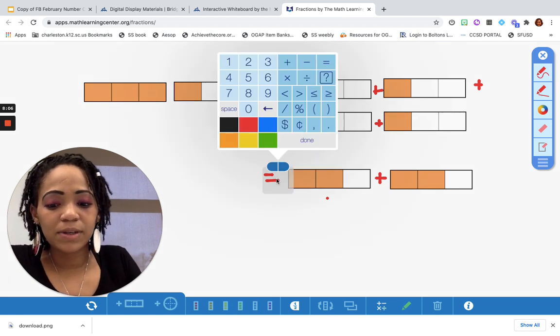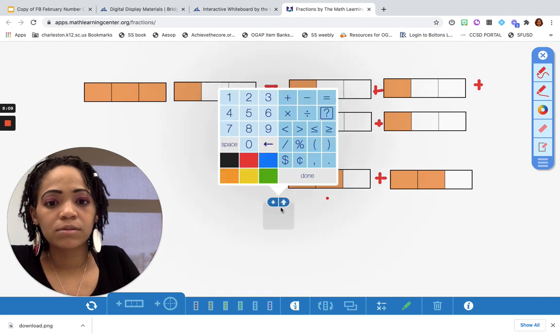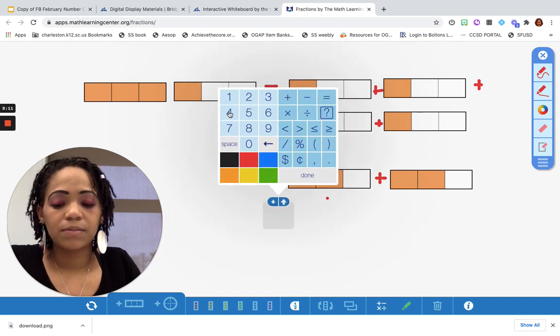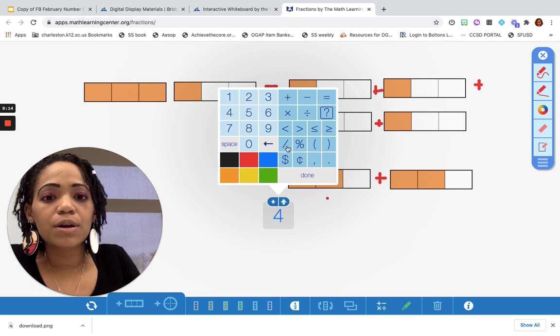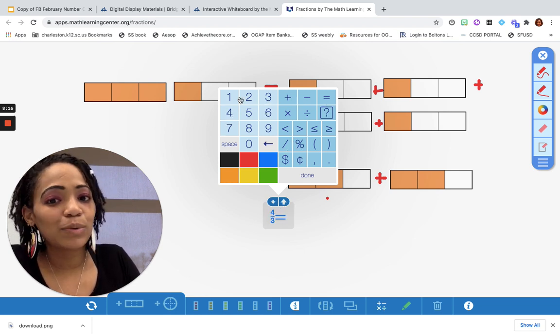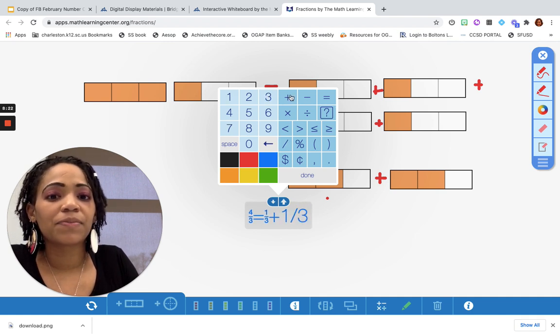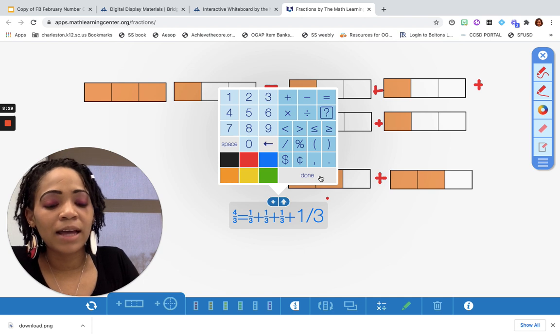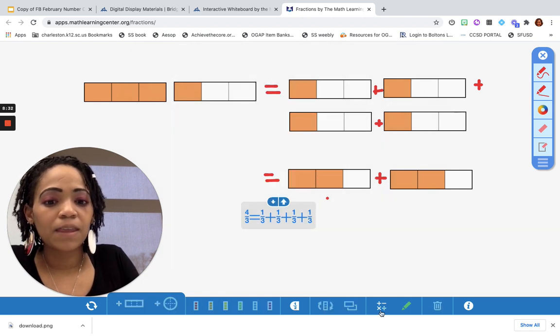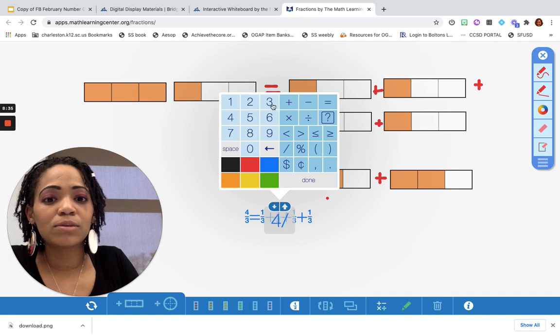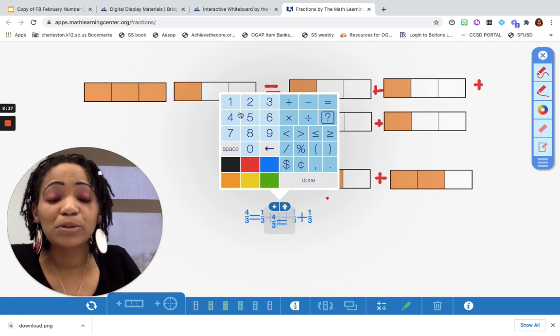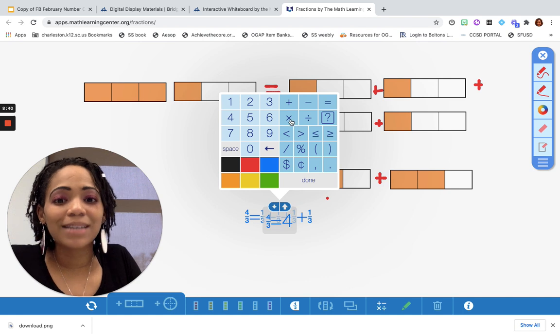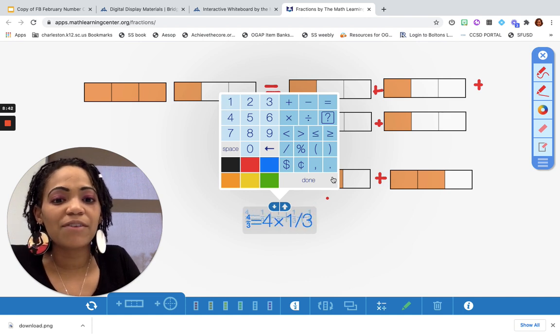What we have done is we've said 4/3 is equal to 1/3 plus 1/3 plus 1/3 plus another third. We have 4/3. And if I do that, I can also say that 4/3 is equivalent to or equals, what's our multiplication equation? 4 times 1/3, because I have 4 1/3.